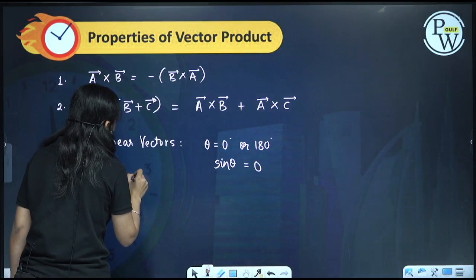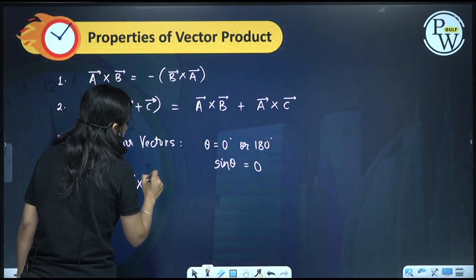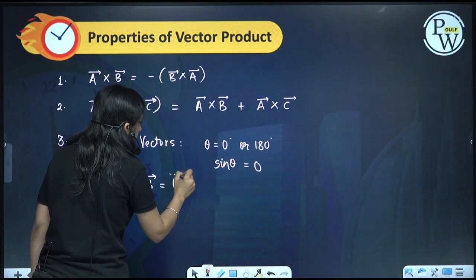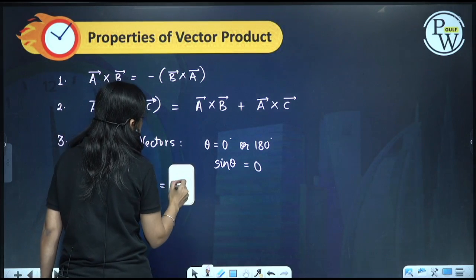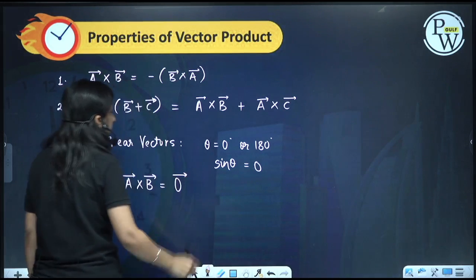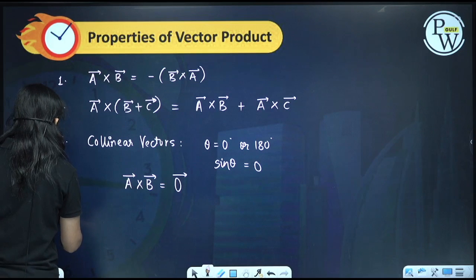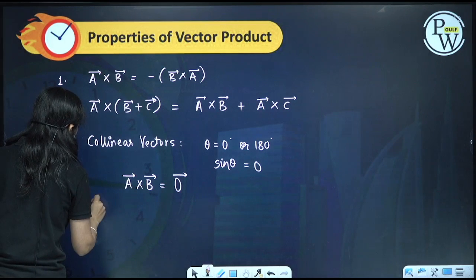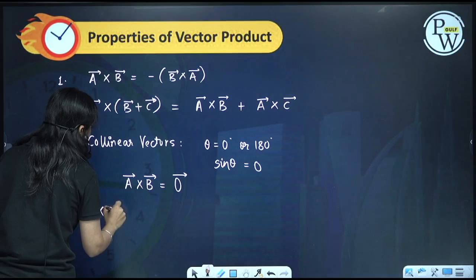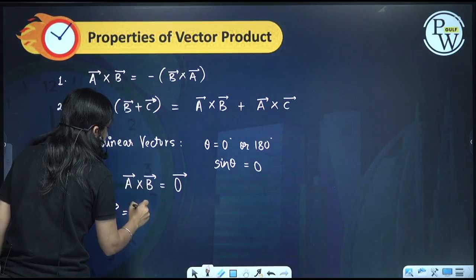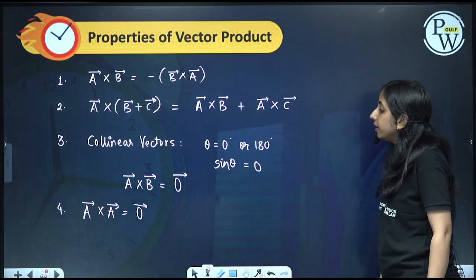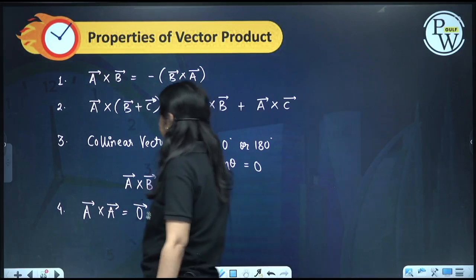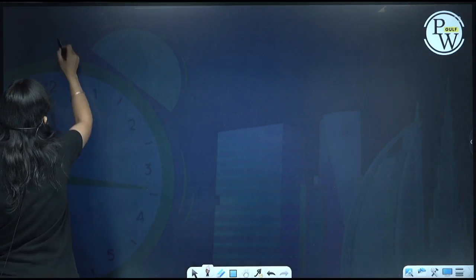So A cross B will become 0, it will be a null vector. A cross B will have the magnitude 0. Fourth, A cross A will also be a null vector because the angle between A and A will be 0.